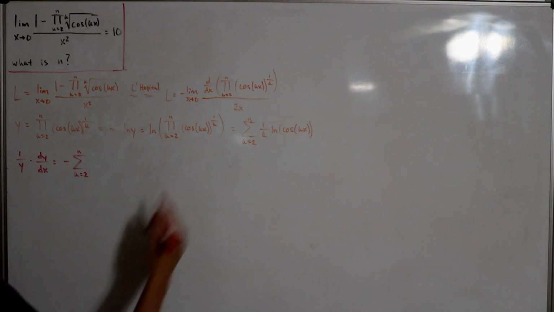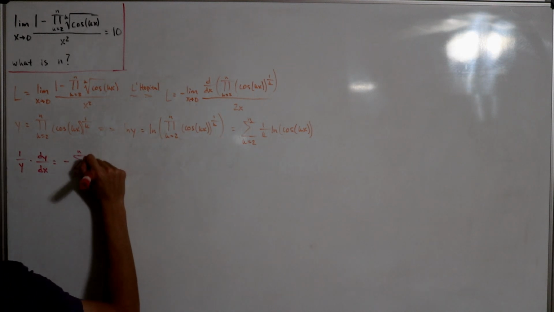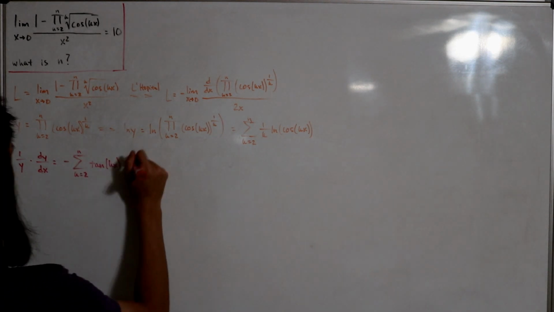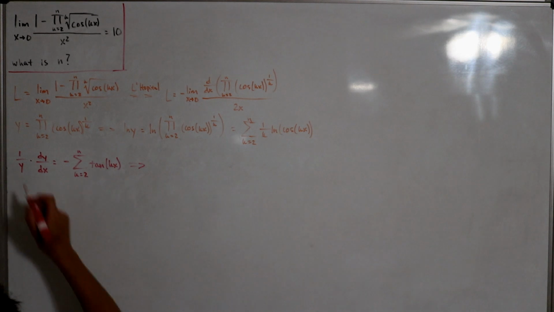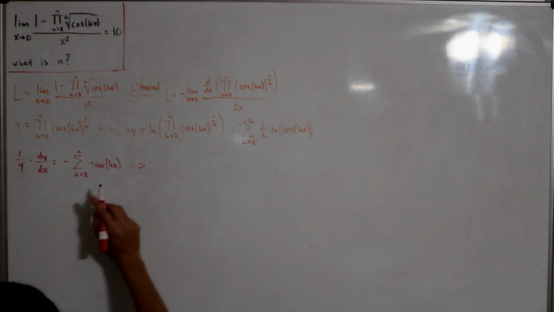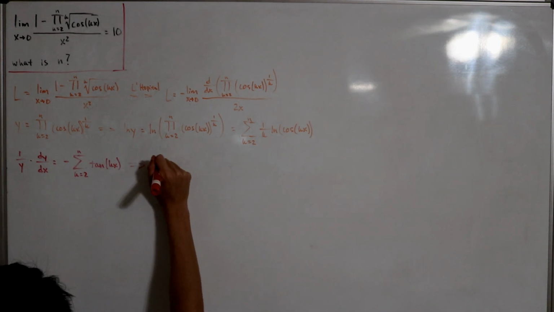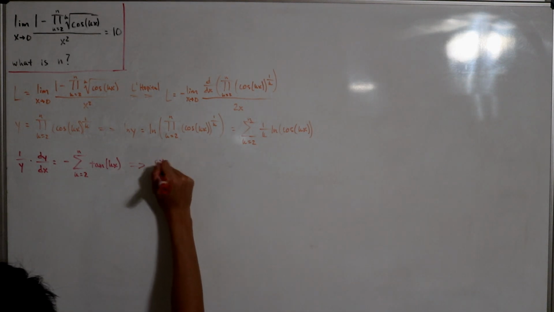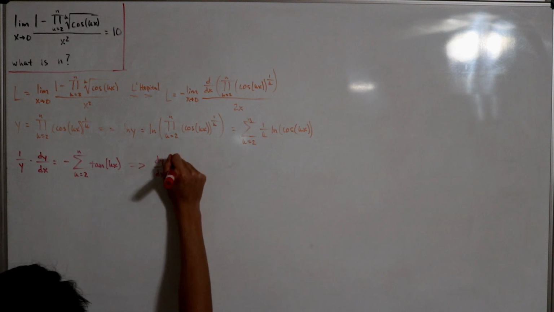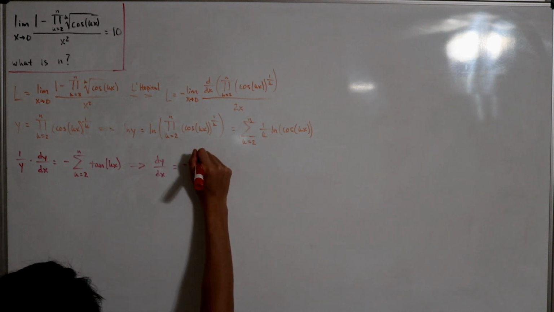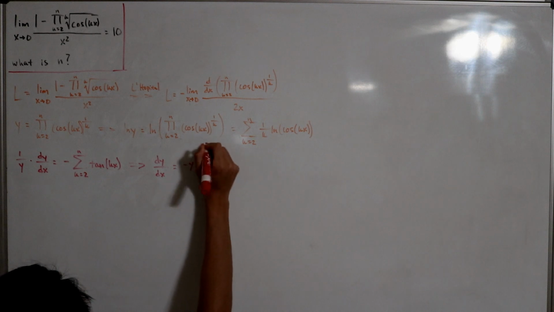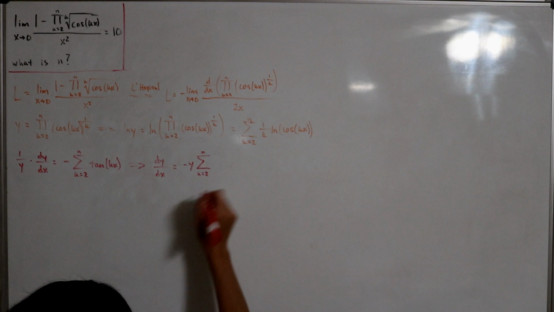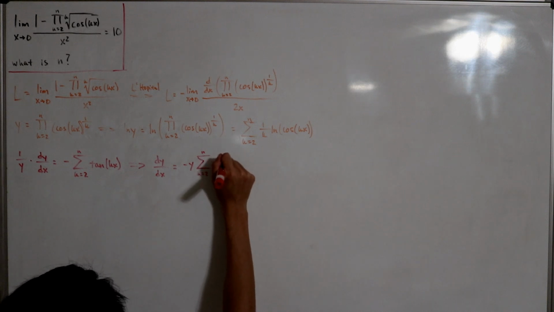Sine over cosine kx is the tangent of kx. Then I multiply by y, so we end up with dy over dx equal to negative y times the partial sum from k equals 2 of the tangent of kx.